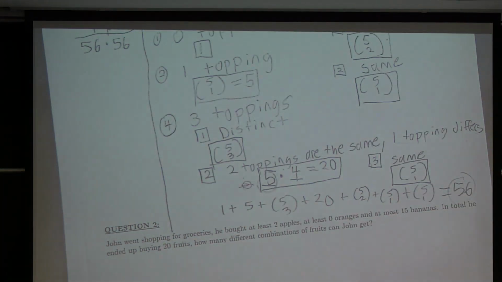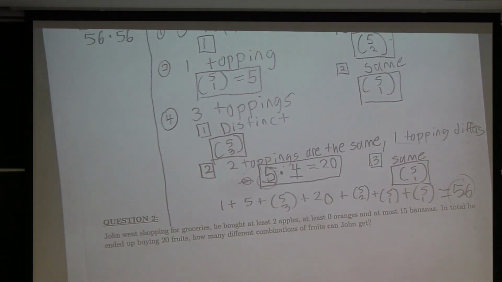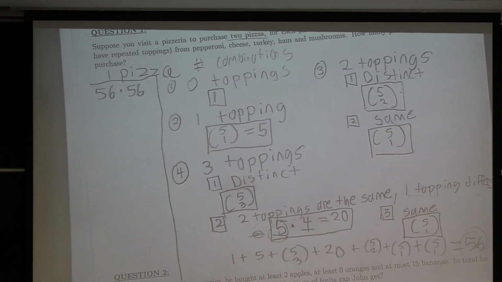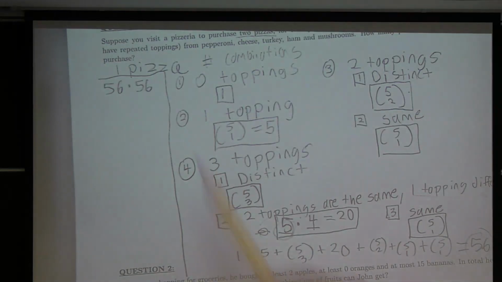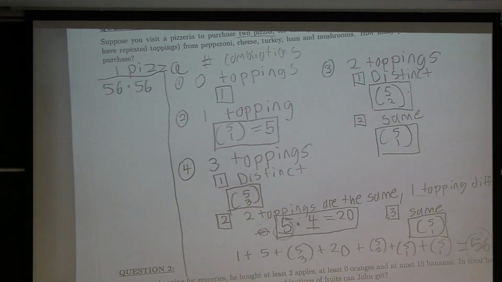The number of pizzas you can select the first time, there's 56 combinations, and the second time, also another 56 combinations. So can anyone tell me what error could occur here if we just do this 1 pizza squared?